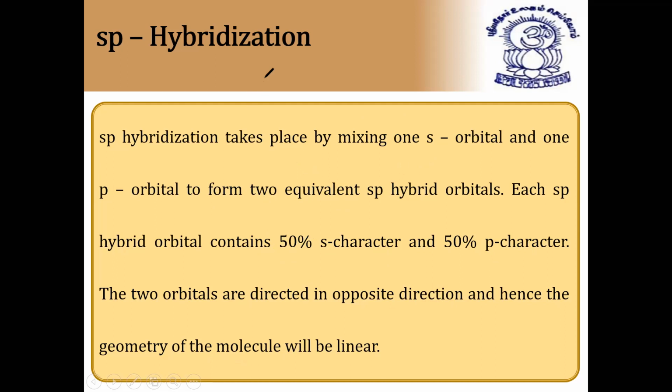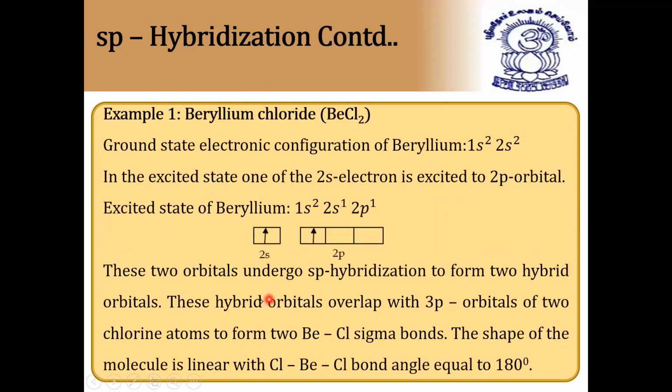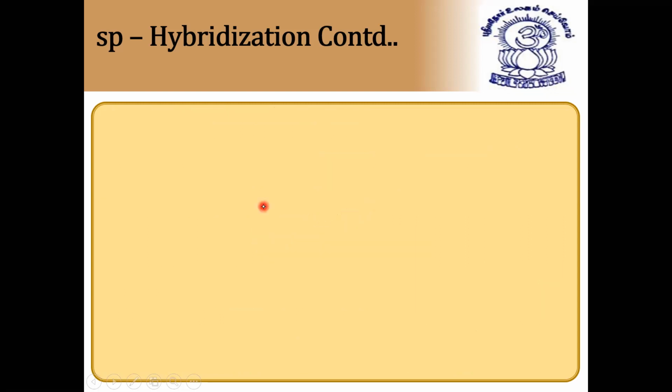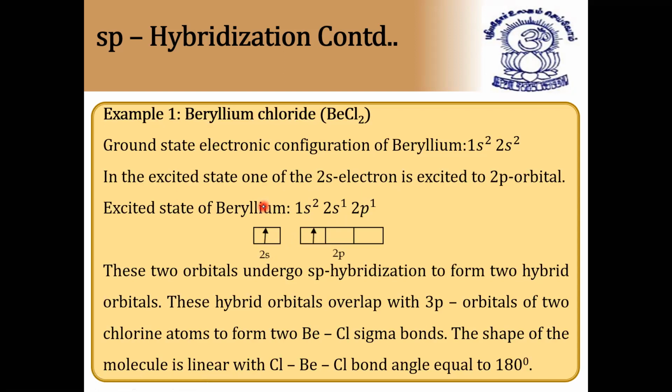Example: BeCl2, beryllium chloride. The ground state configuration of beryllium is 1s2 2s2, and in the excited state, one of the 2s electrons is excited to the 2p orbital. So it becomes 1s2 2s1 2p1.